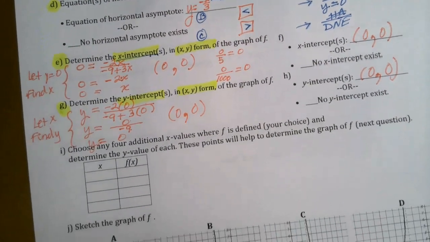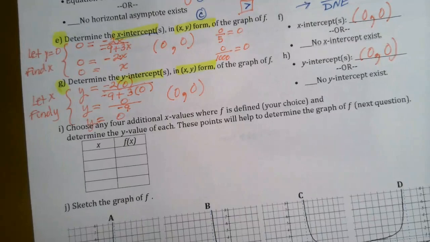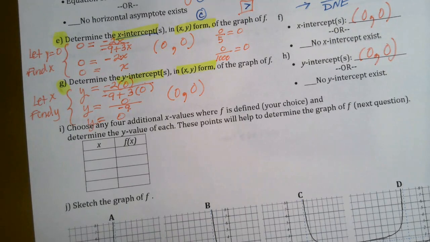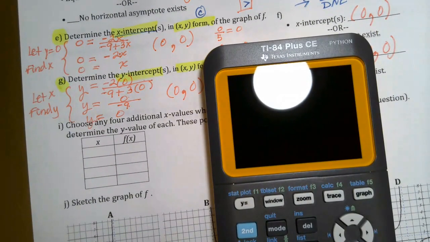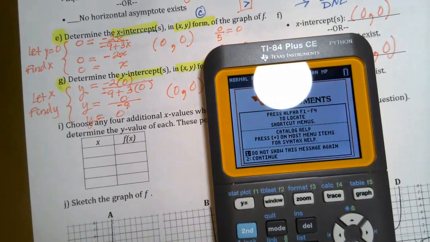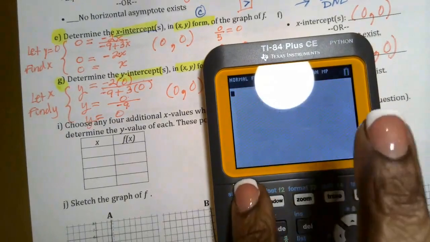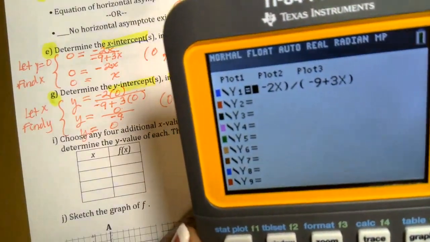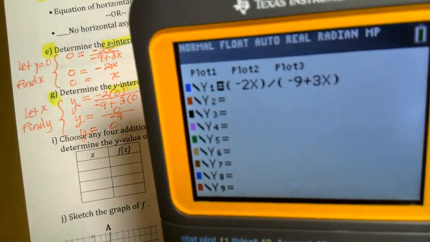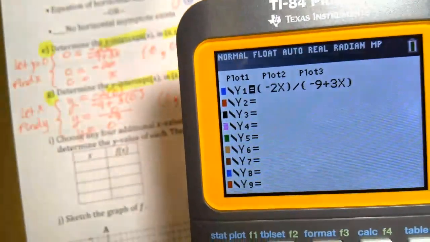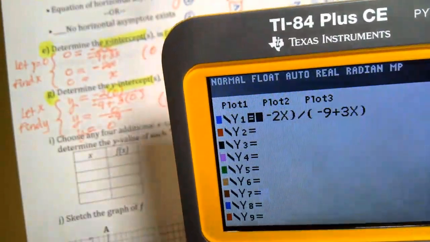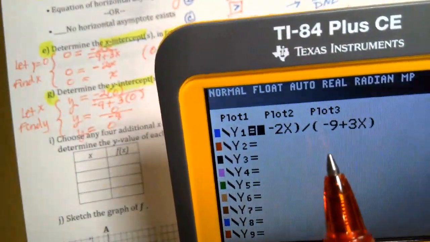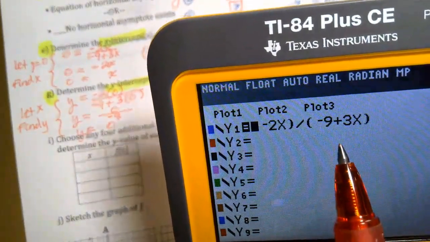Now, we need to choose some additional points. Because we're allowed to use the graphing calculator, we're going to do that. So we turn on our graphing calculator, we press y equals, and we make sure we enter our f of x. I like to protect the numerator in parentheses, and divide it by the denominator in parentheses.